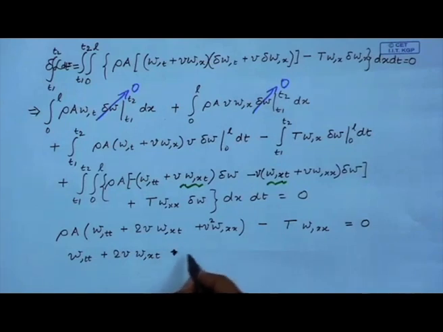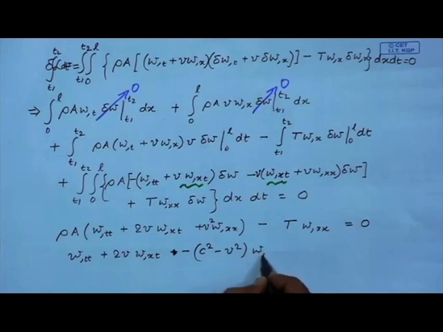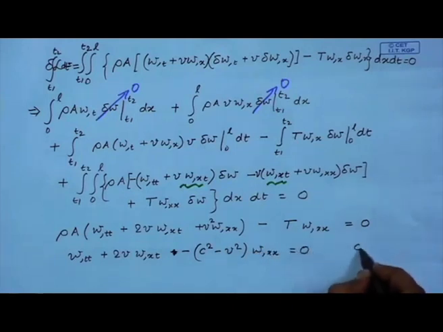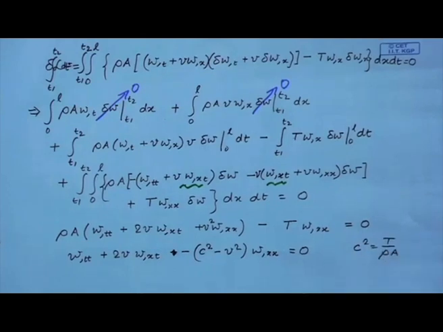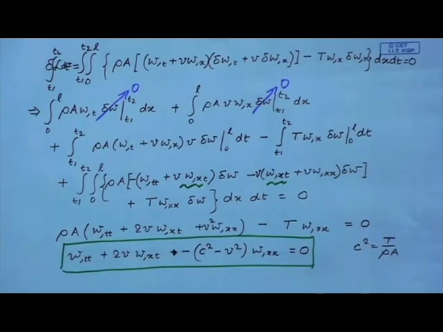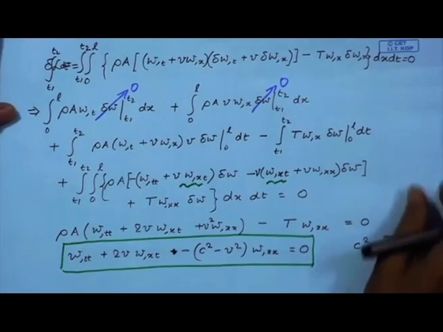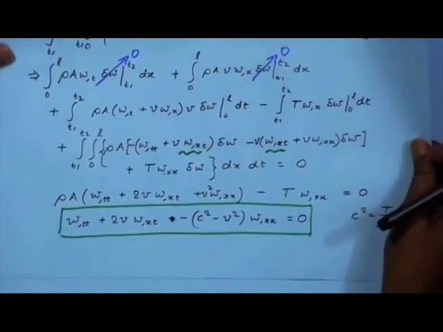and I will write it like where c square is. Now this is the equation of motion of the travelling string.